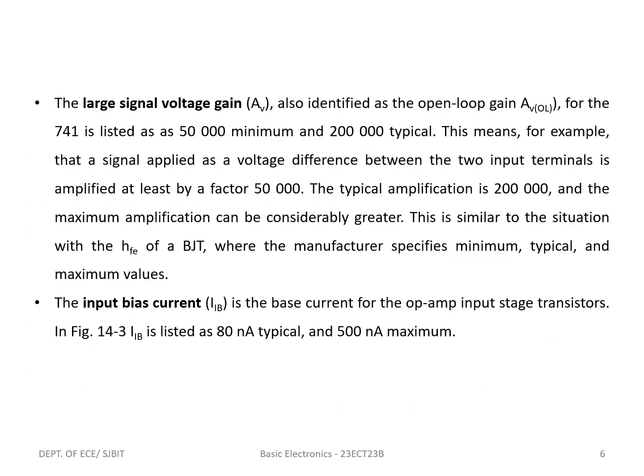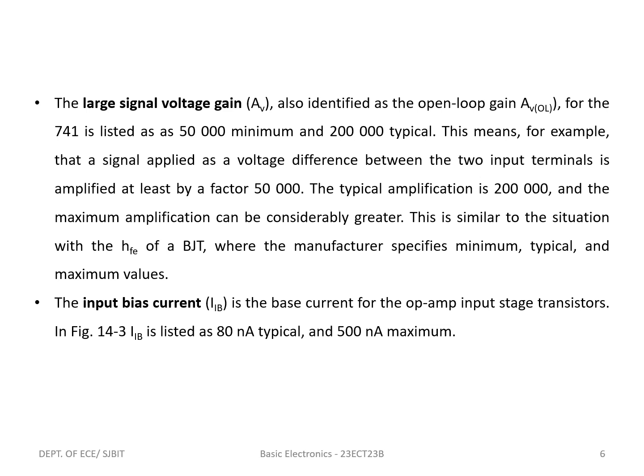Here the large signal voltage gain AV is also identified as the open loop gain. For the IC 741 it is listed as 50,000 minimum and 200,000 typical. This means, for example, that a signal applied as a voltage difference between the two input terminals is amplified at least by a factor of 50,000.